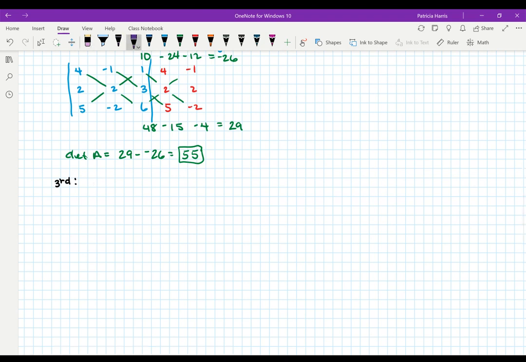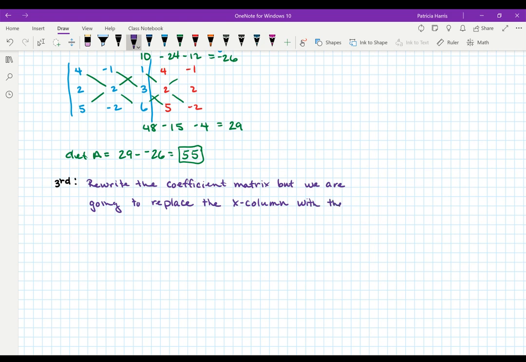So we're going to rewrite the coefficient matrix, but we are going to replace the first column, or the x column, which just so happens to be the first column, with the constant column, or the constant matrix.